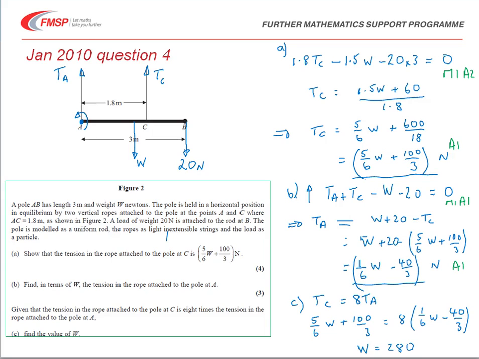And then in the final part of the question there are 3 marks available. Firstly, a method and accuracy mark for getting the equation stated here, and a final A mark for the answer 280.